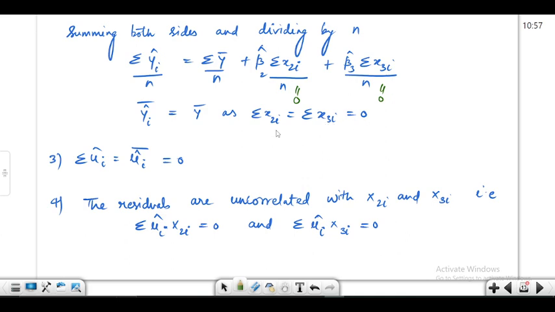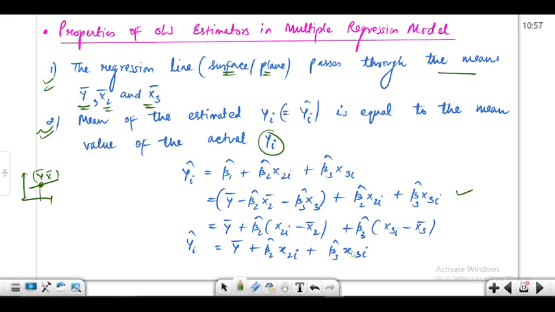This you have read in statistics. This is a very simple basic property that is being used. So we have proved that the mean of the estimated yi is equal to the mean of the actual yi.